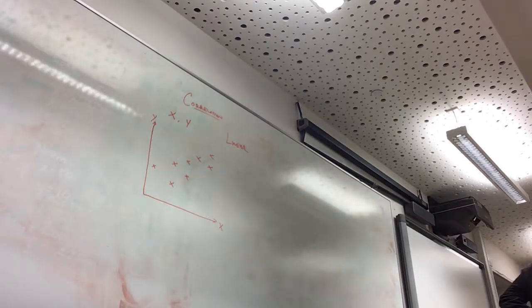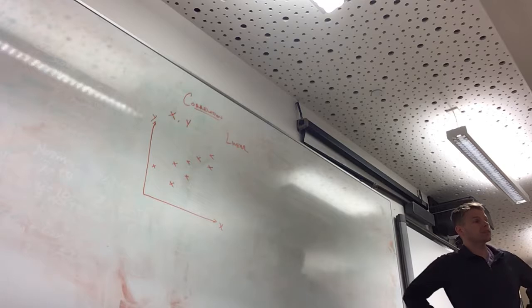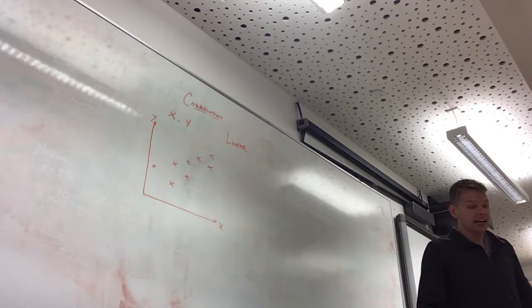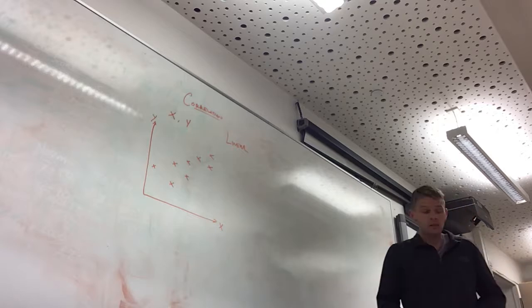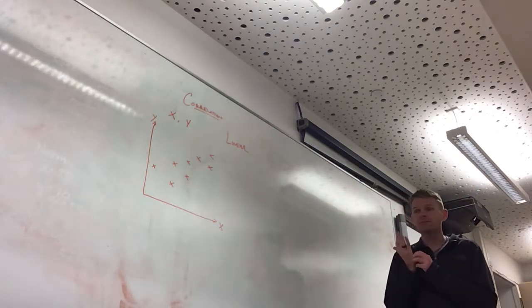Okay? Correlation is do we have a relationship between X and Y? Meaning, as X increases, does Y increase? As X increases, does Y decrease? Correlation is us identifying that relationship.